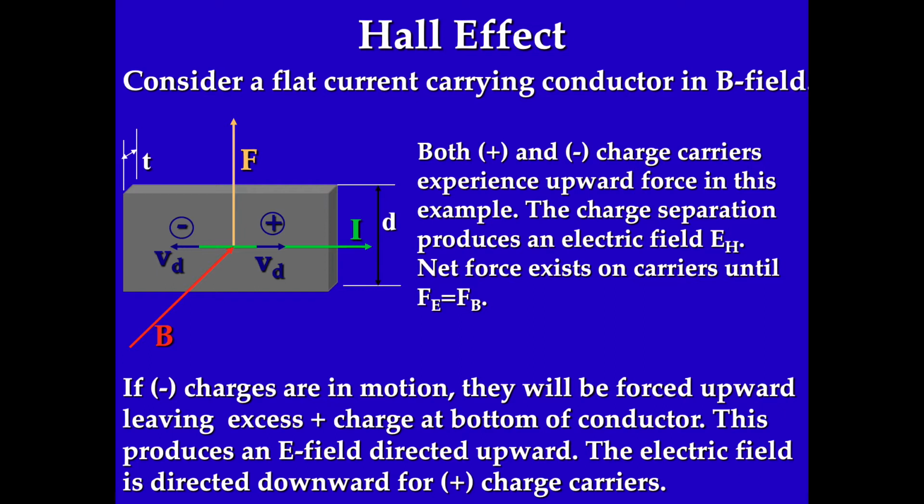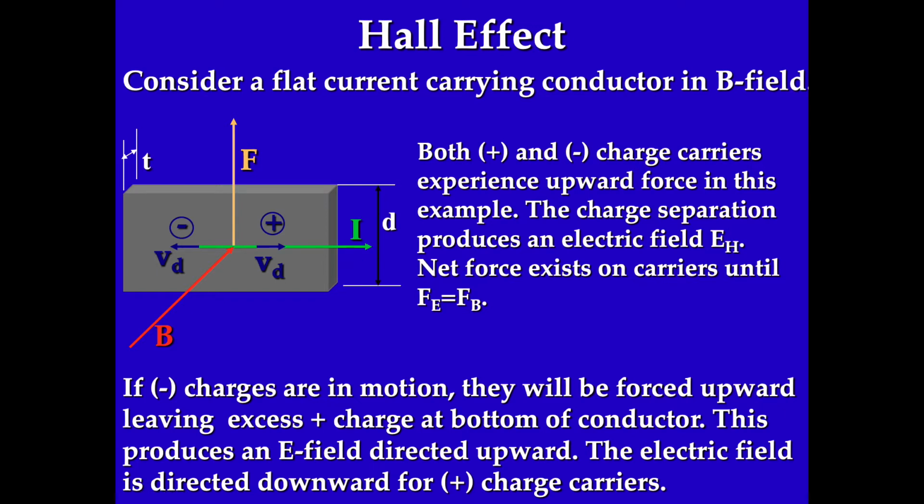Its height is d, its thickness is d. I mentioned those dimensions because they're going to be relevant in our discussion. And it's carrying a current I to the right.